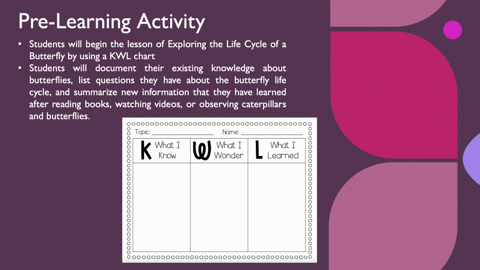This assignment encourages inquiry and fosters a deeper understanding of biology concepts. I have chosen this pre-learning activity because incorporating KWL charts into assignments encourages students to engage in self-directed learning, enhances their research skills, and helps them understand how to organize and reflect on information.